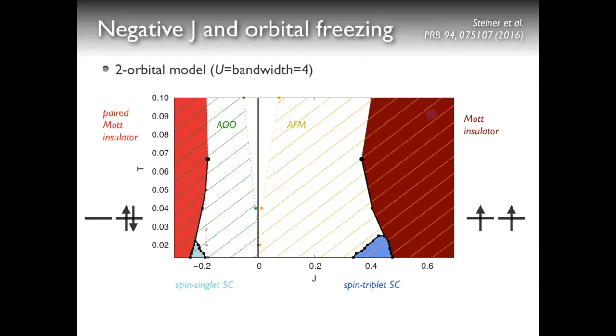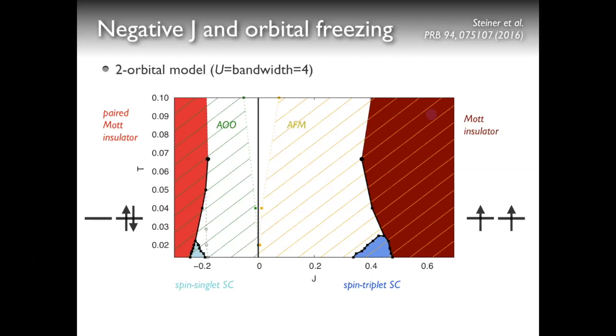On the negative J side, we have also a superconducting phase, but a spin singlet superconducting phase next to a paired Mott insulating phase, which has the dominant atomic configuration sketched on the left, where we have a doublon and a hole, basically.